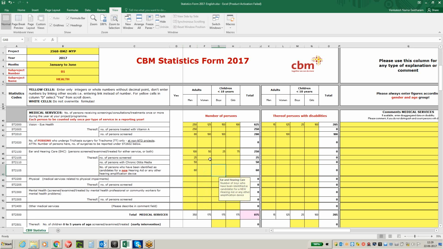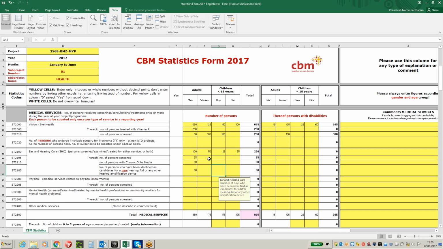Sorry, Venkatesh. Yes, please. You have said a person may have a visual impairment, as well as hearing impairment. While you were taking us through visual impairment, you said the person is counted only once. That was clear.